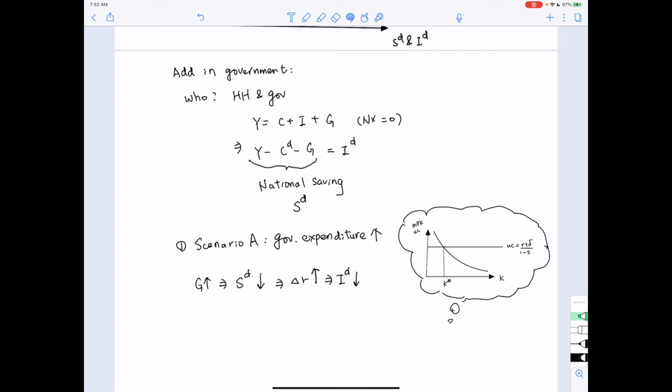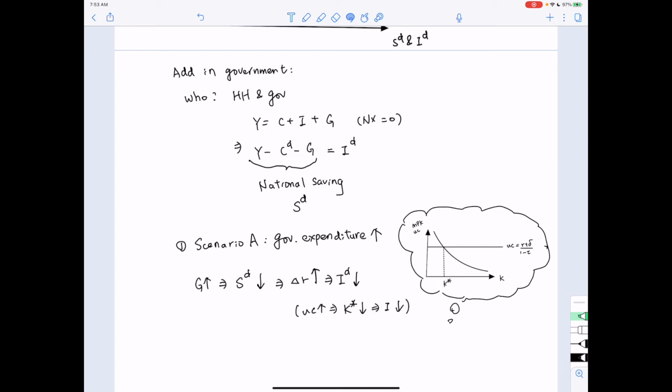When the real interest rate gets higher, it raises the user cost of capital. So the desired level of the capital stock should fall. Holding all else equal, it implies that the desired investment also needs to fall.